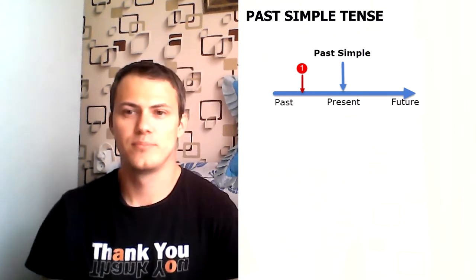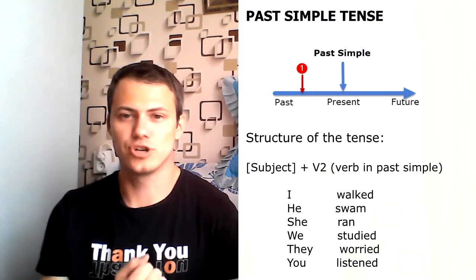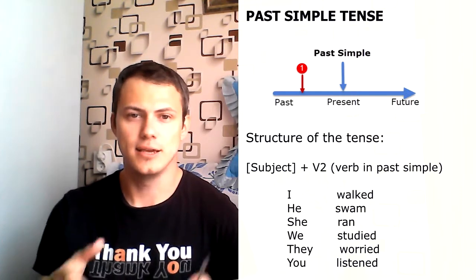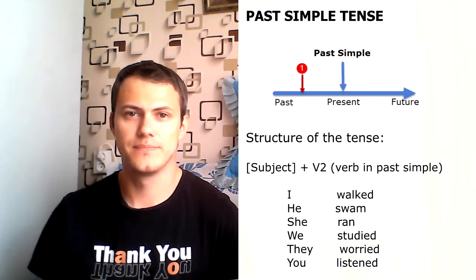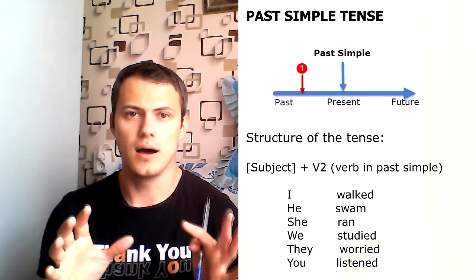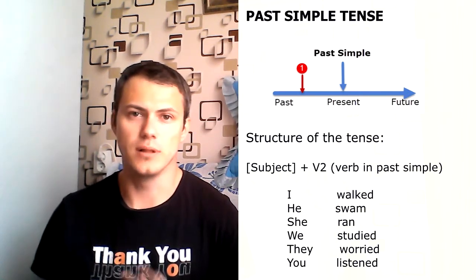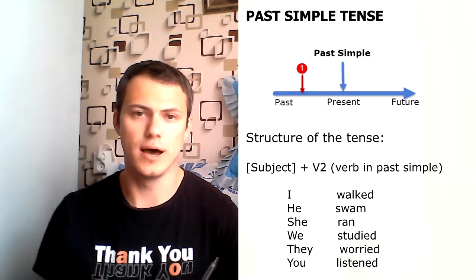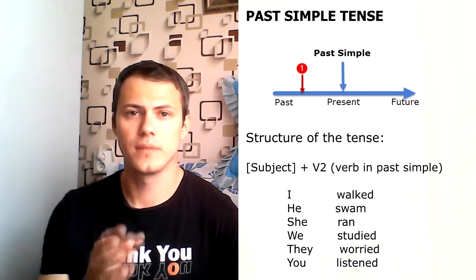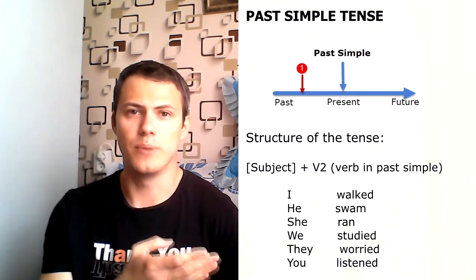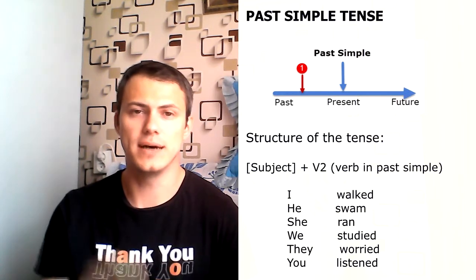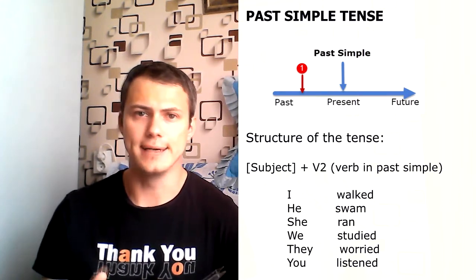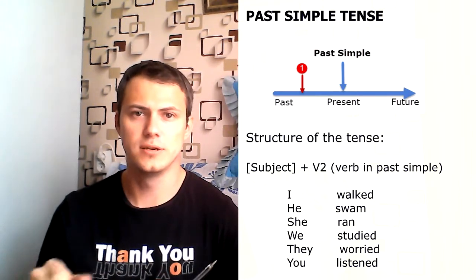simple tense. Let's take a look at the structure of a typical affirmative or positive sentence in which we use the past simple tense. So, as you can see, we have a subject, for example, I, you, we, they, or any singular or plural noun, and we have a verb in past simple tense, sometimes called V2.